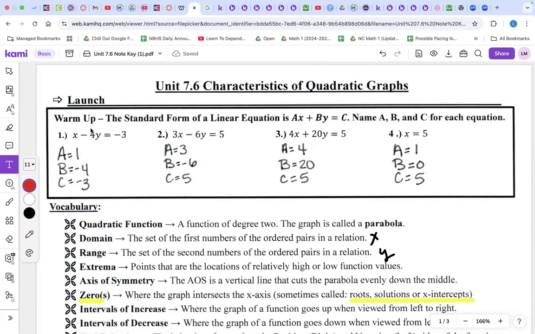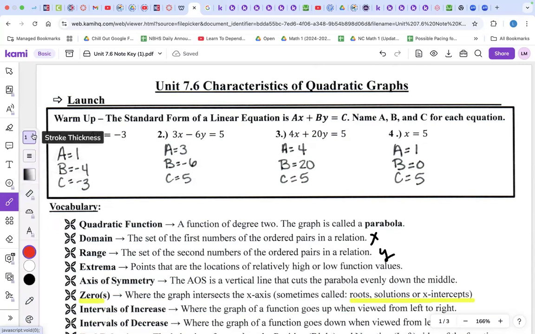So here, when we look at each equation, we know that our a is going to be 1. Here we have b is -4, and c is -3.